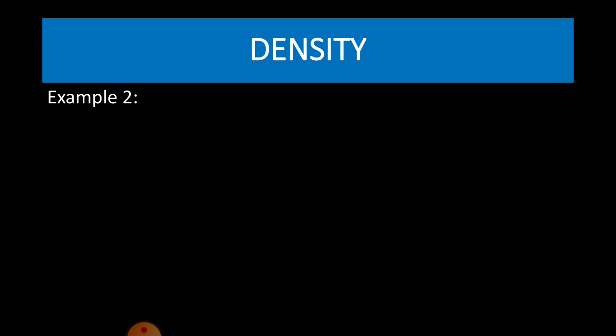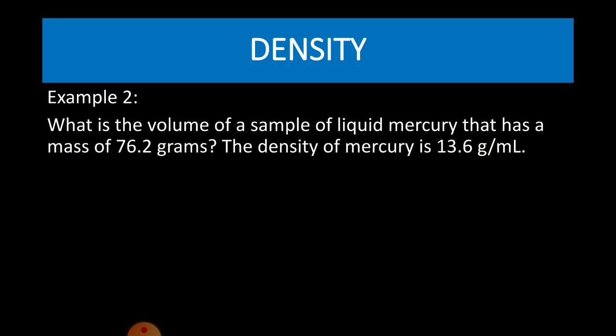Another example, what is the volume of a sample of liquid mercury that has a mass of 76.2 grams? The density of mercury is 13.6 grams per milliliter. So in here, we will find for the volume.